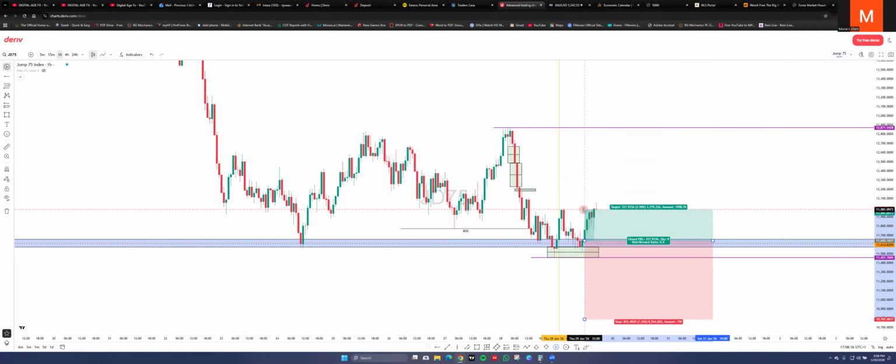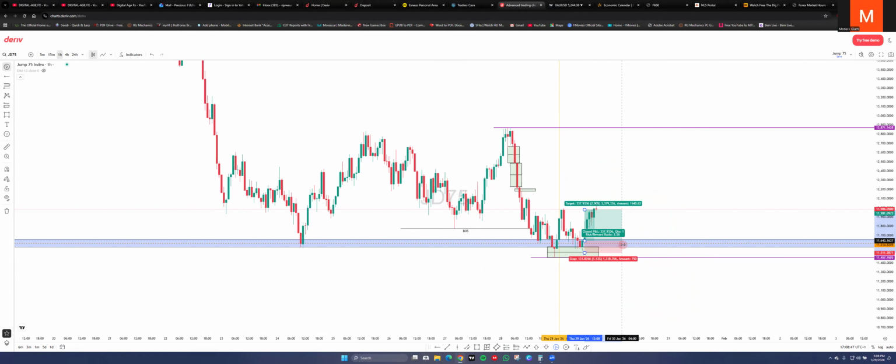Target would be this high. Stop just below the middle order block line. And it would have actually given me 1:2.5. So it's around the range of my TP where I would likely collect it.